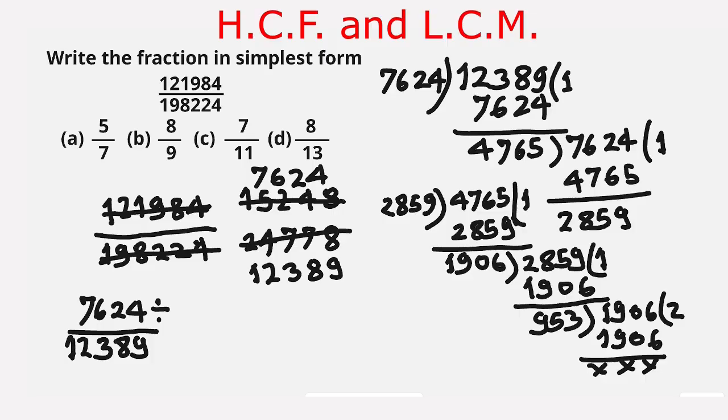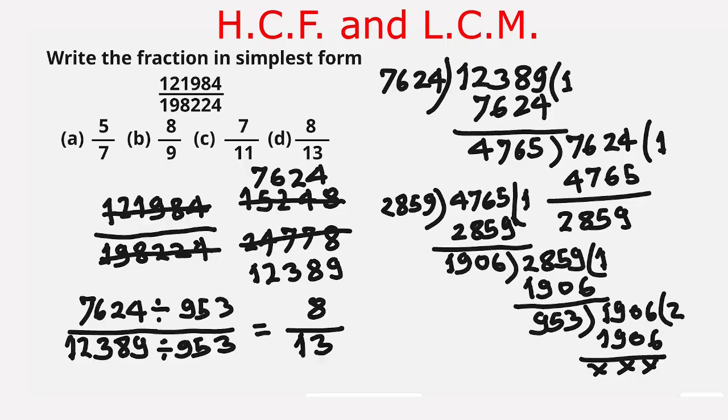7624 is divided by 953. Similarly, the denominator is also divided by 953. 953 divides 7624 for 8 times, and 953 divides 12389 for 13 times.